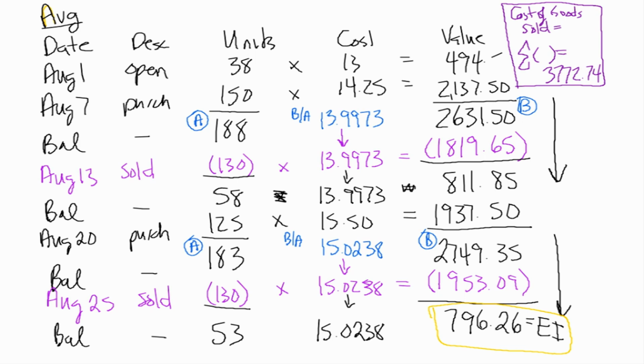What happens in the chart is you'll do a cost of goods sold, and it will look exactly like this. And then when you're calculating the ending, you can simply take the previous balance and subtract the cost of goods sold. You can do it exactly the same way.